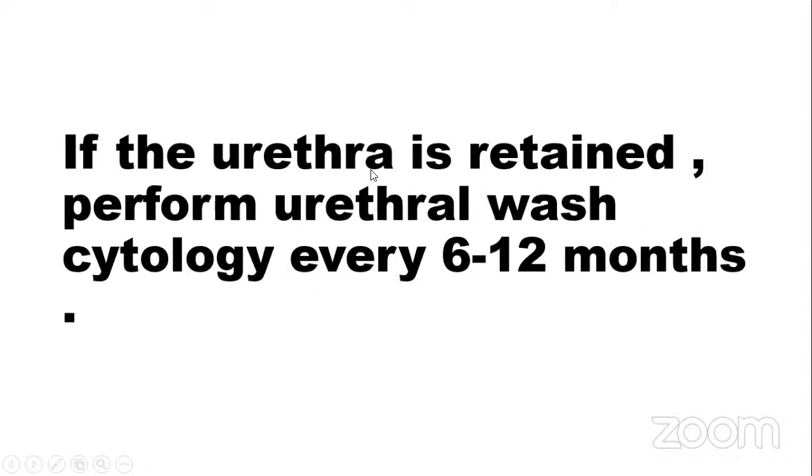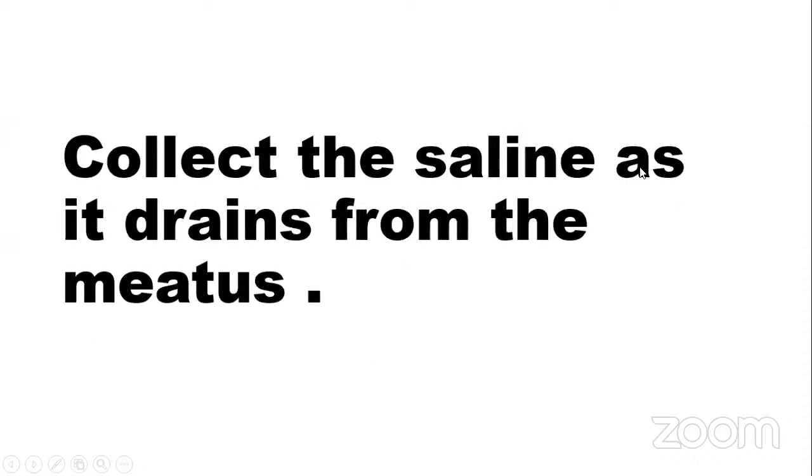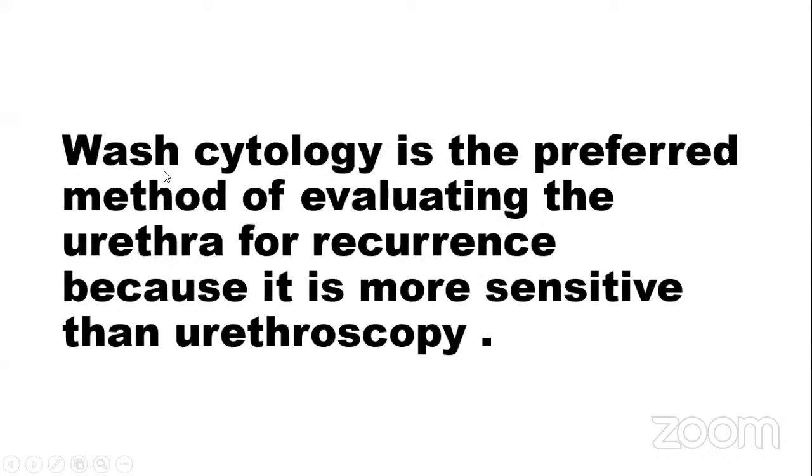If the urethra is retained, perform urethral wash cytology every 6 to 12 months. Place a catheter or a cystoscope to the proximal-most extent of the urethra. Flush more than 20 ml of normal saline through the catheter or scope. Collect the saline as it drains from the meatus.